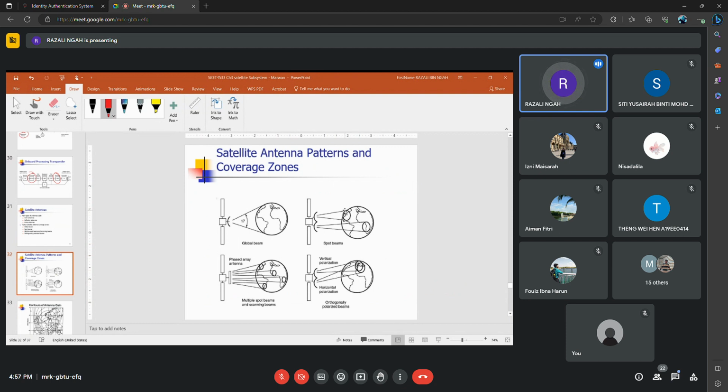Spot beam is normally a small area with different coverage areas. Global has only one beam with a wider beamwidth. Multi-beam is also spot beam, but from a single antenna, so a single antenna can produce multiple beams. If we have two spot beams separately, we need two antennas.